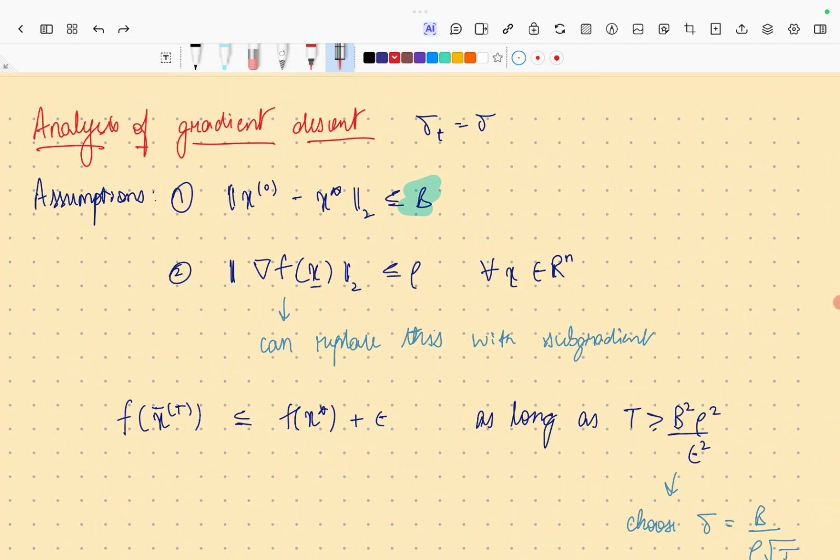That is, we'll assume that once again you're not too far away from the minimum, or in this case there's a parameter which tells you how far away from the minimum you are, and how long you take to converge depends on this parameter b. If you're far away from x star, then it will take you longer to converge, but if you're close enough, then hopefully you will converge faster.